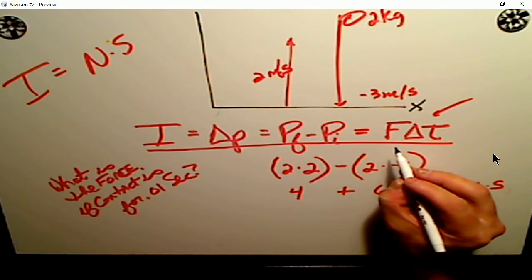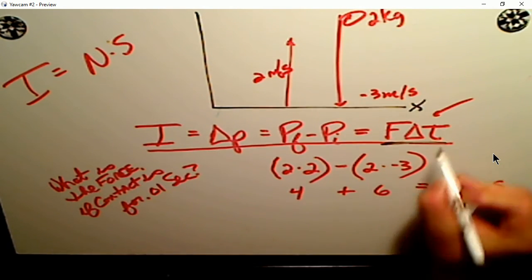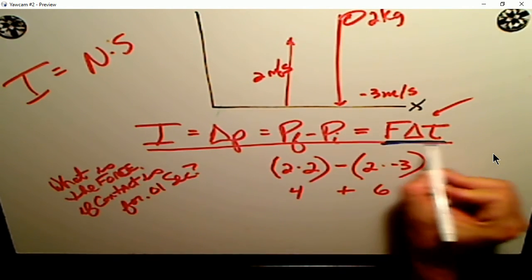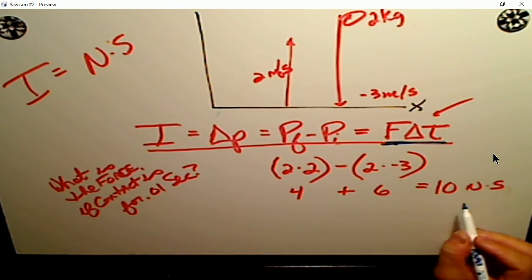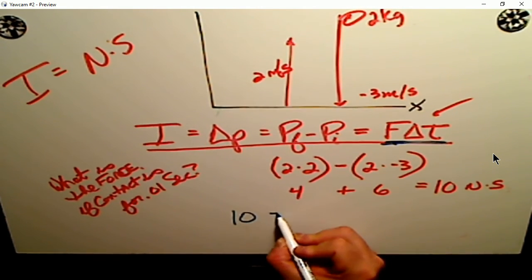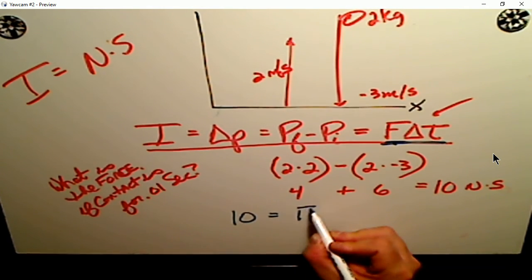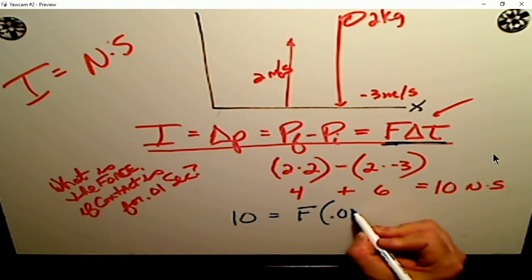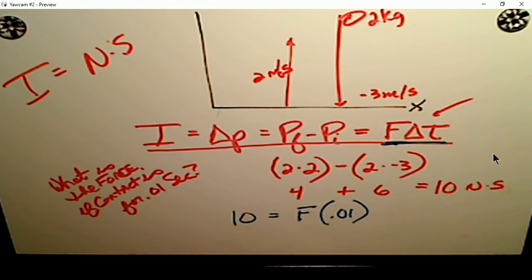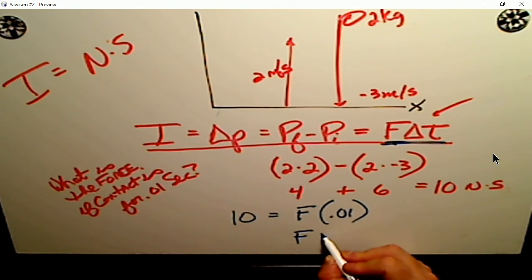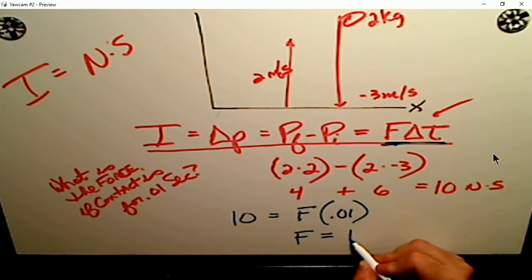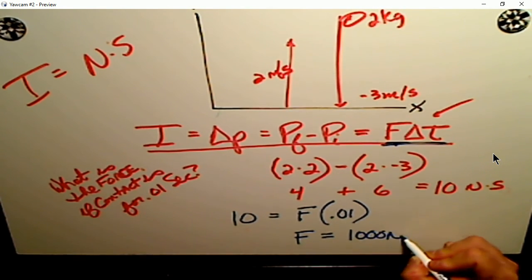Well, for this, we need to use this part of the equation. We know the impulse is 10. We know the force can be solved if we have the time, 0.01. So the force imparted is 1,000 newtons.